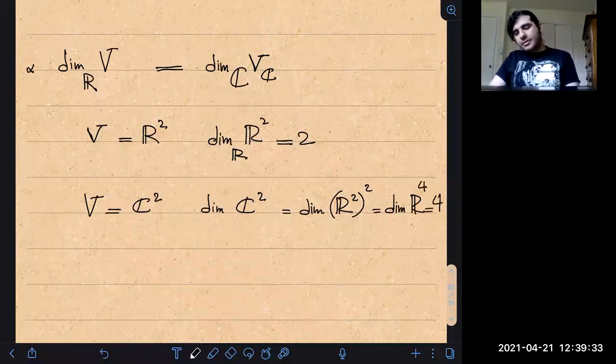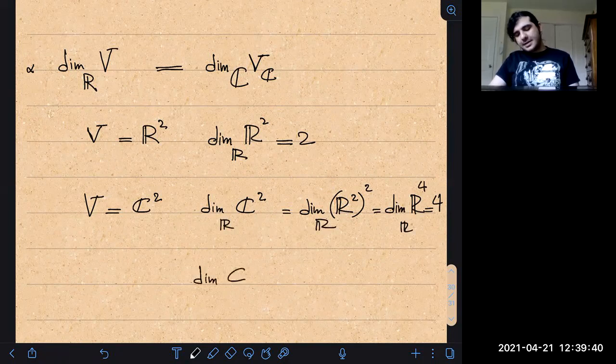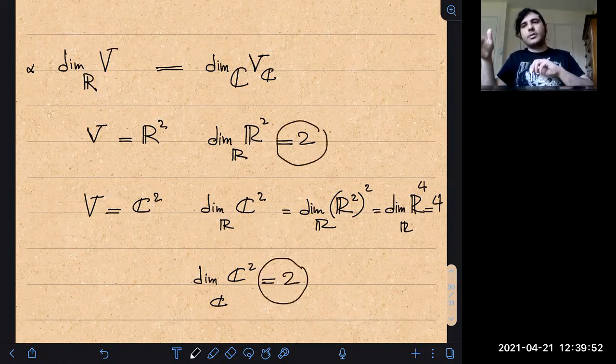But that's the dimension over real numbers. What this theorem is talking about is the dimension of C2 over the field of complex numbers. And over complex numbers, C2 is still 2-dimensional, and these two numbers are, in fact, equal to each other, right? So this equality is correct.